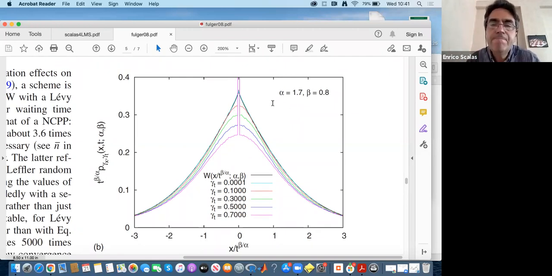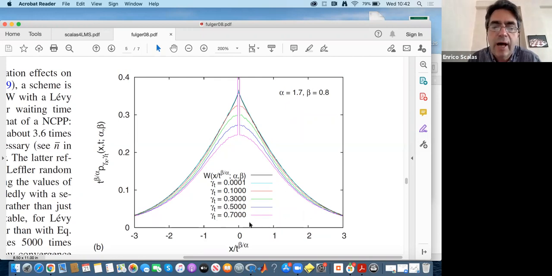And the function that you are approximating is this line here. Now we need to go to very small gamma to approximate it correctly, but it is there, yes?